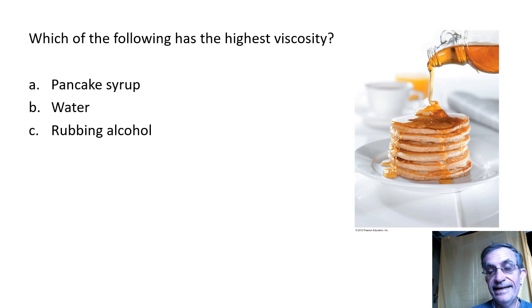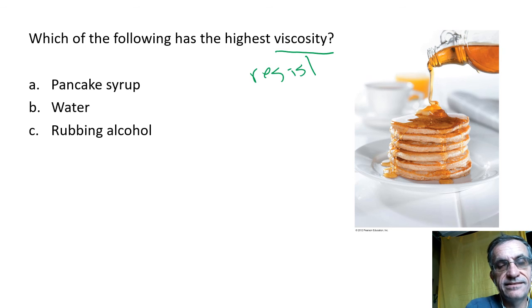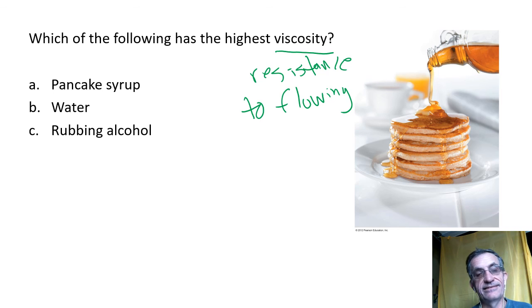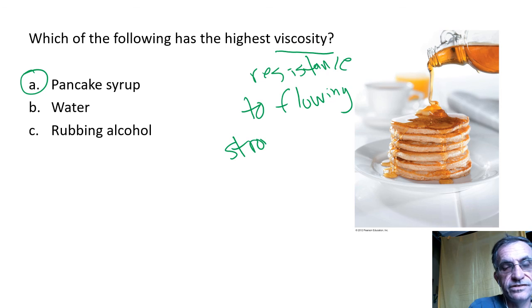Highest viscosity is the thing that resists movement, resistance to flowing. And on this list that is pancake syrup. I hope you picked A for that one. Why? Because it has strong intermolecular forces.